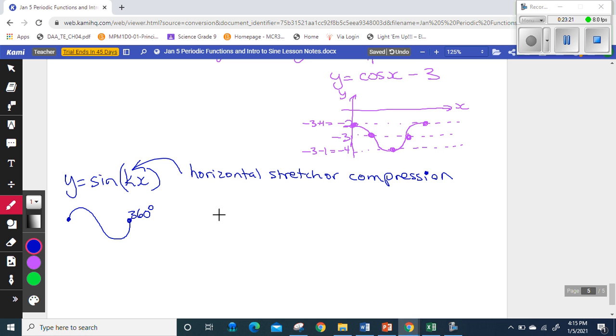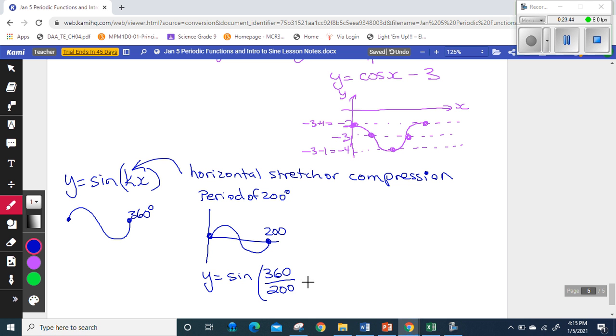So if I want a curve that has, say, a period of 200 degrees, I don't know, I'm just making that up. So I want my curve to end at 200. So in order to turn that into my equation, y equals sine, well, my original was 360, and now I want it to be 200 x.